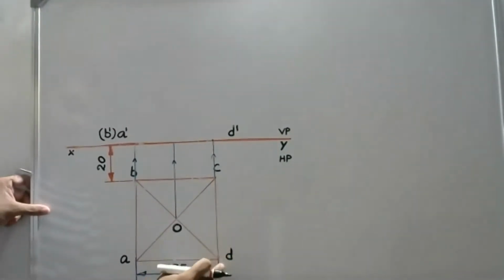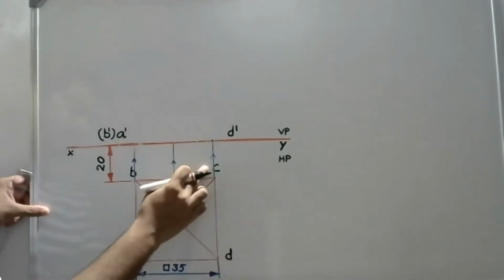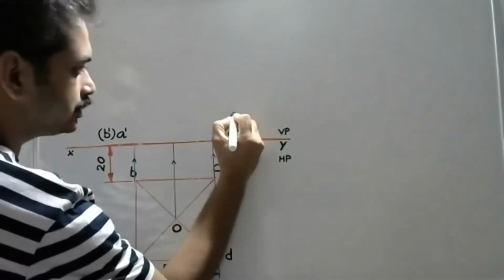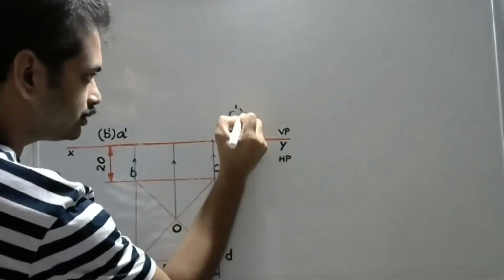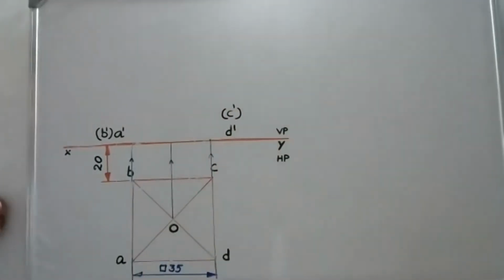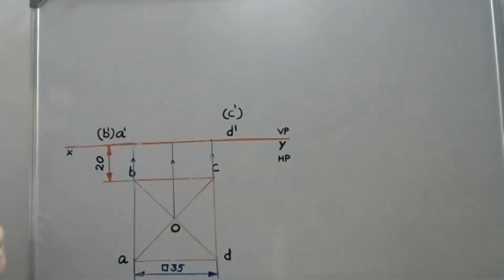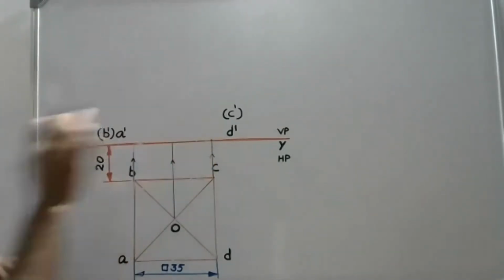D dash is the front view of corner D. On the same line, C will appear, so C cannot be visible in the front view. So C dash is put in a bracket. So in the front view, the A dash D dash base is visible.